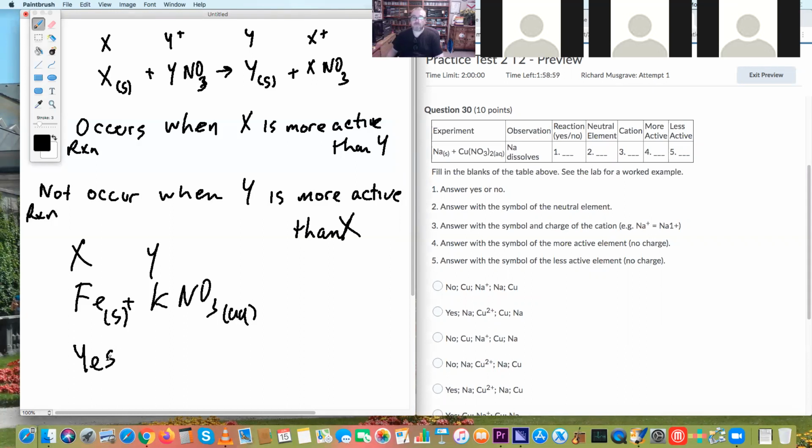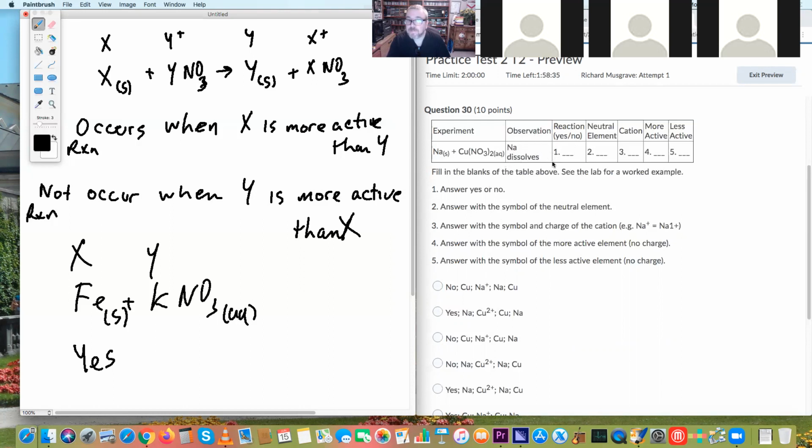But I don't understand, like, what are you looking at? If it said no changes, then you could say no reaction. But if there's anything else in there, then you can say there is a reaction. It is here, the observation. See where it says Na dissolves?